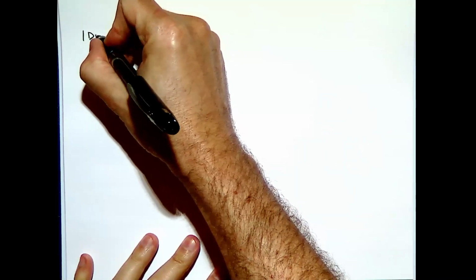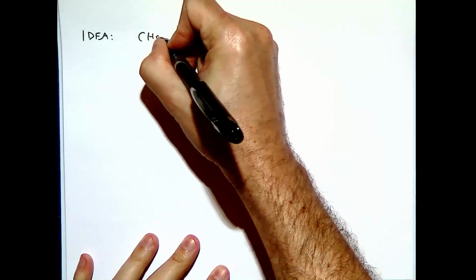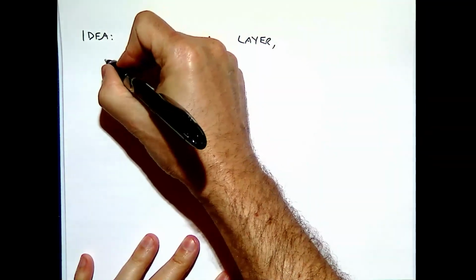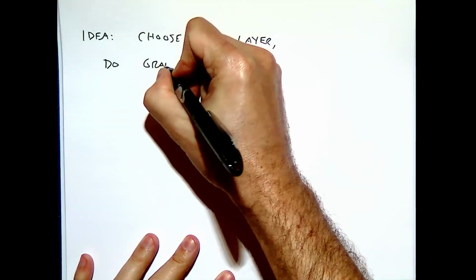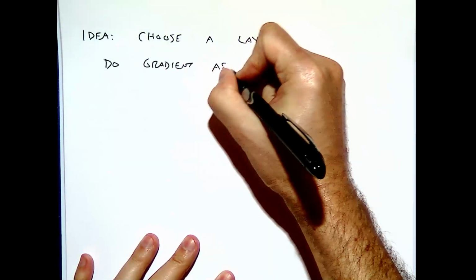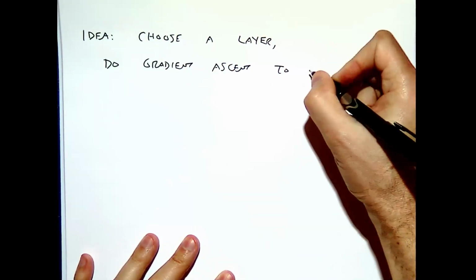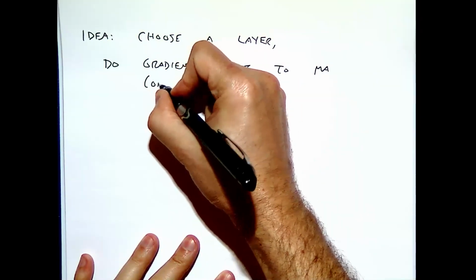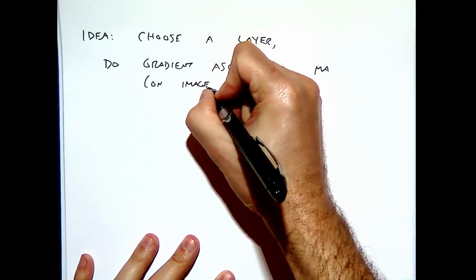So let me write that down. The idea was to choose a layer, and then do gradient descent, to maximize, and maybe make it clear that this is gradient descent on the input image, right?